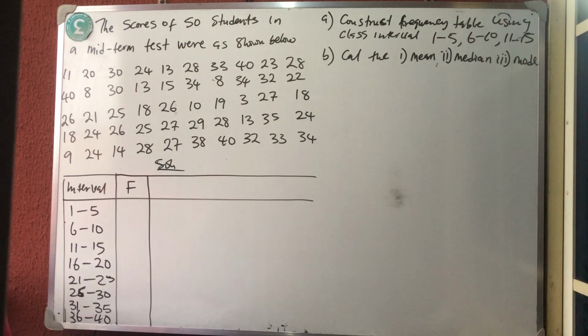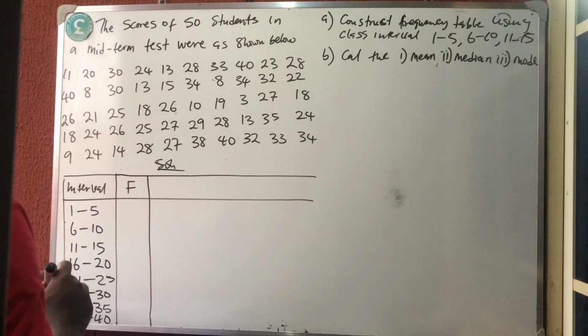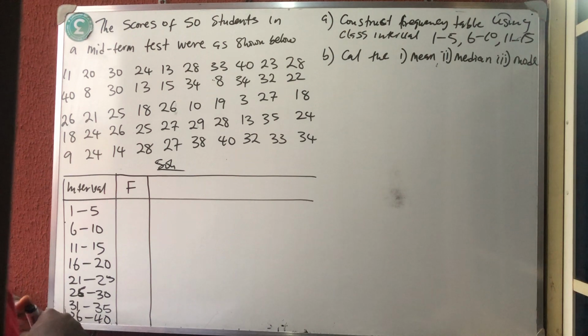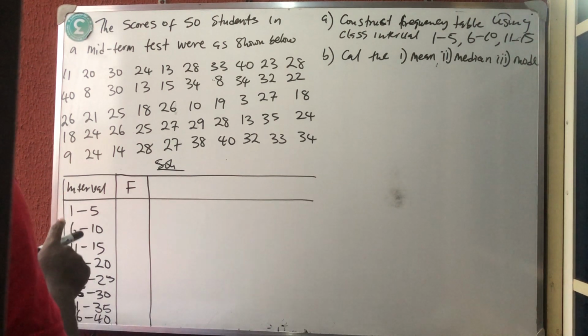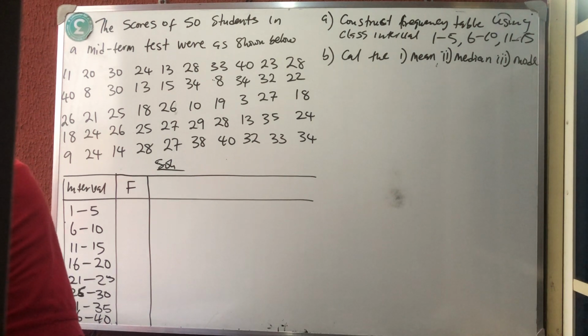I love calculating F. So from 1 to 5, how many are they? Do we have 1 to 5 here?